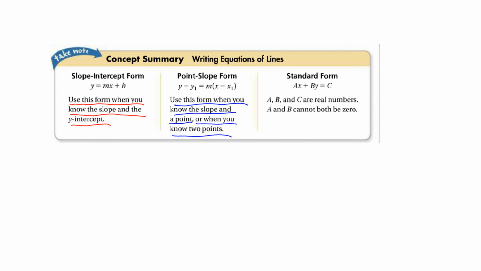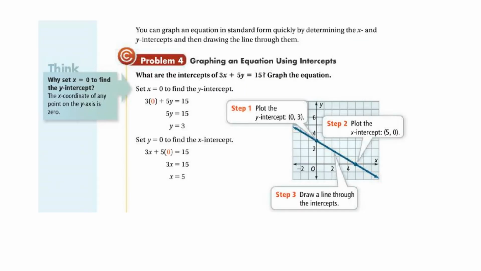And lastly, standard form. Standard form, a, b, and c are real numbers. A and b cannot both be 0. And we use this when we need to find our x and y intercepts. That's the form that is easier to find our x and y intercepts from.